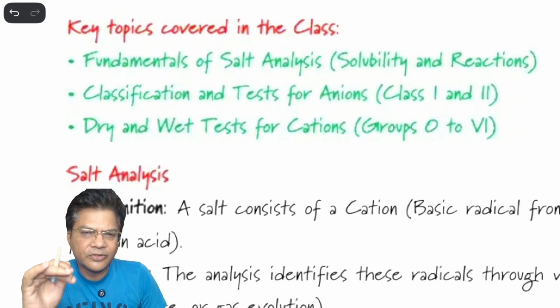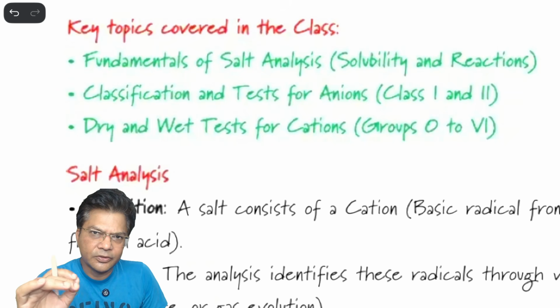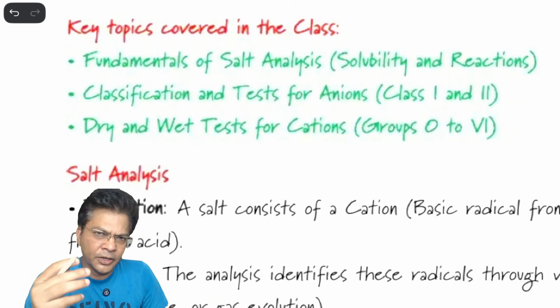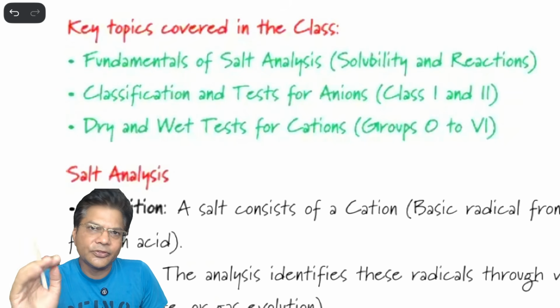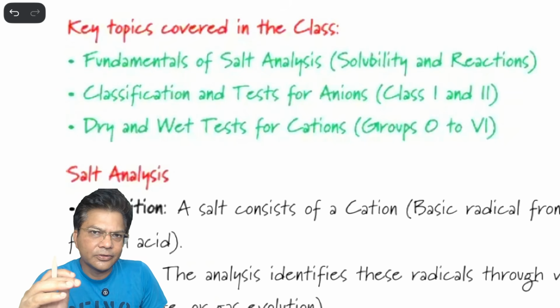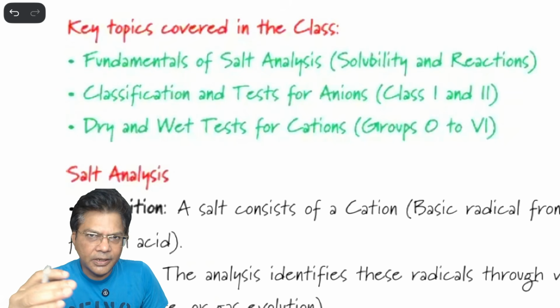If I talk about basic radicals: Pb2+, Cu2+, Fe2+ or 3+, aluminium 3+, nickel 2+, Zn2+, barium, strontium, calcium. Out of these three, one is not given by NTA, but we will deal with it. Then magnesium 2+ and ammonium. These are the cation radicals. For anions, I will let you know after completing cations.